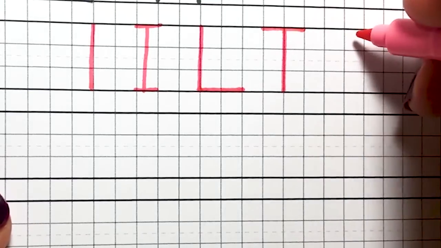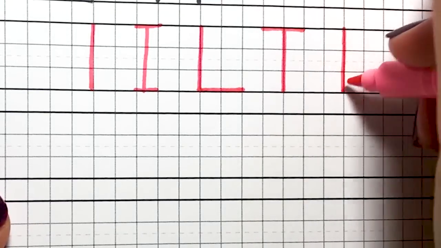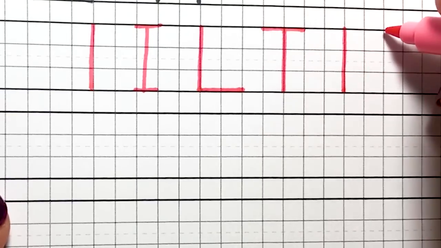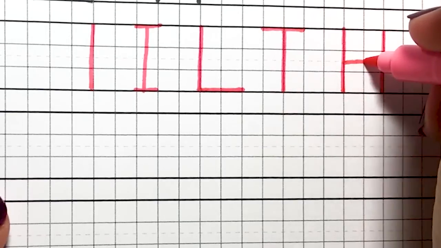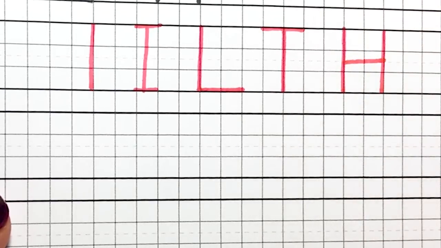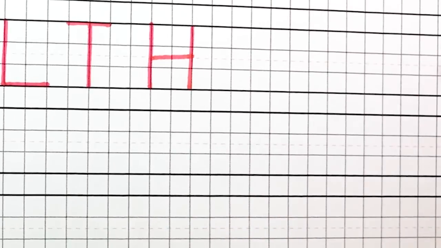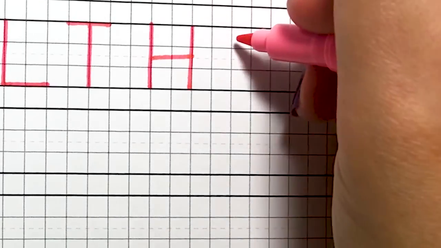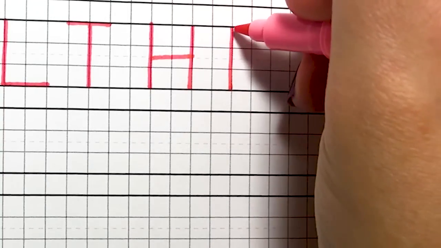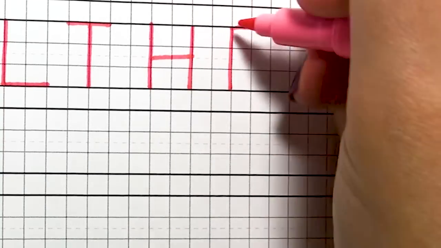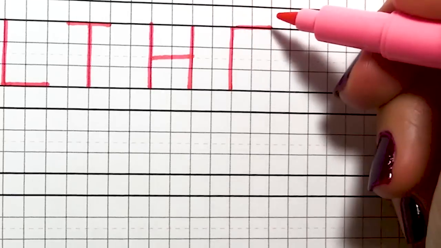H is next, so we'll start with 2 vertical lines that are 2 spaces apart, and then we have our crossbar here in the middle that's going directly through the middle. Next is F. F will be, of course, 3 spaces tall. Now this top horizontal stroke is going to be 2 spaces wide, 1, 2.